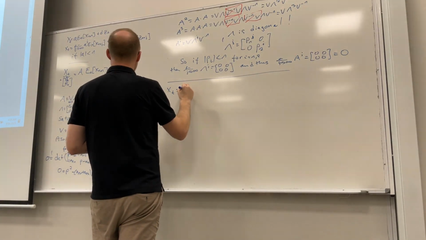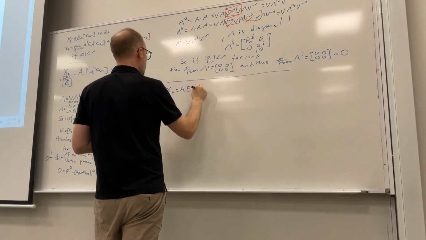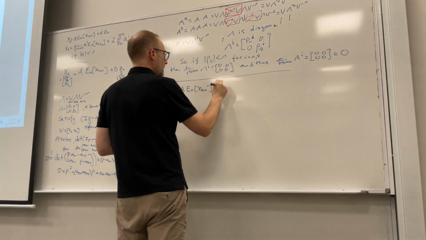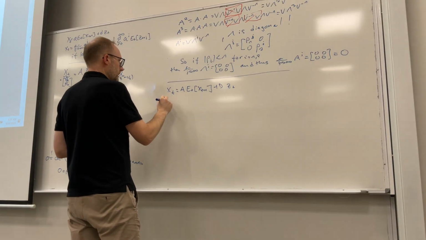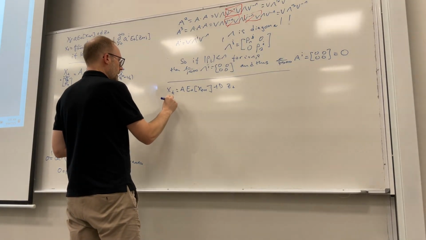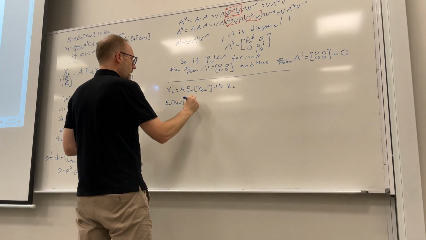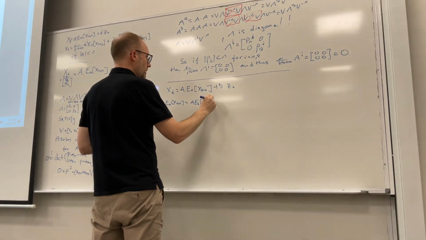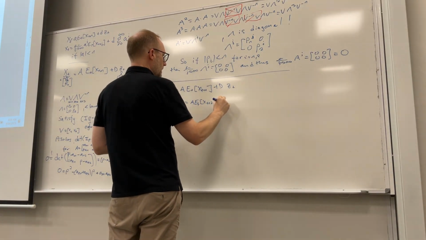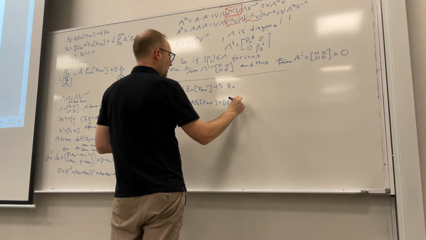So let's just review real quickly. I'm just solving forward. Just recognize the pattern. So Et x t plus 1 is equal to A Et x t plus 2 plus D Et z t plus 1.